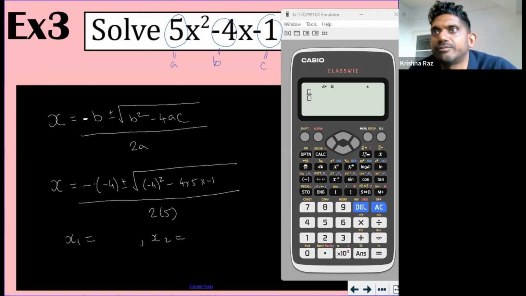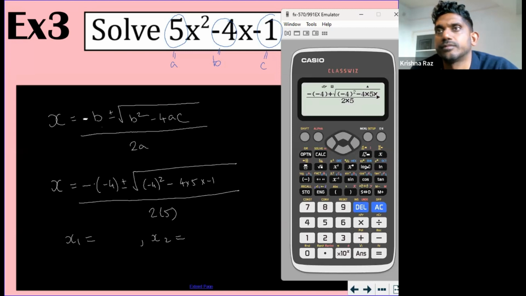So if we type it in, we have minus minus 4 plus or minus the square root of minus 4 squared minus 4 times a times c, and c is negative 1, all over 2a, which is 2 times 5.